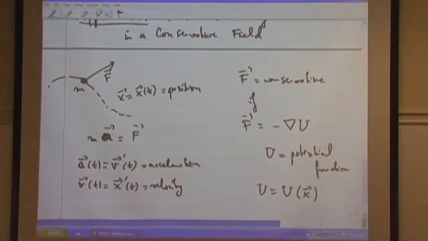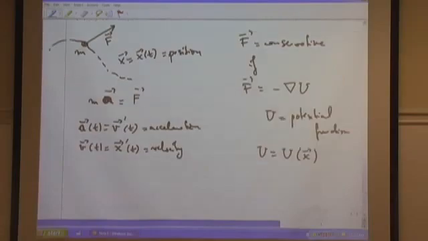So for instance, think of the gravitational force, where g is a constant.